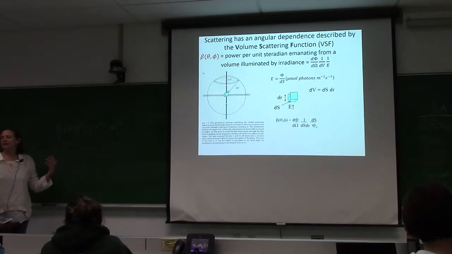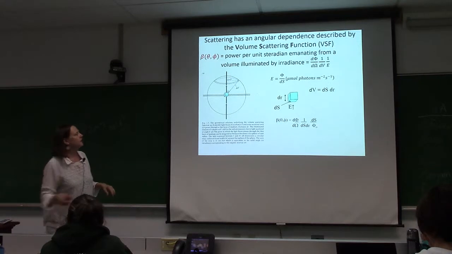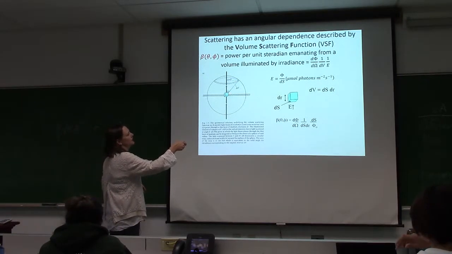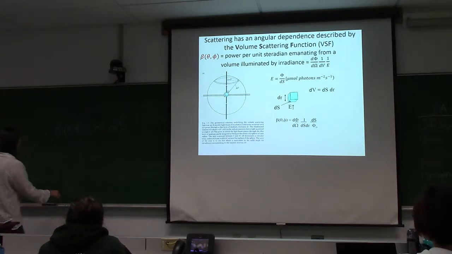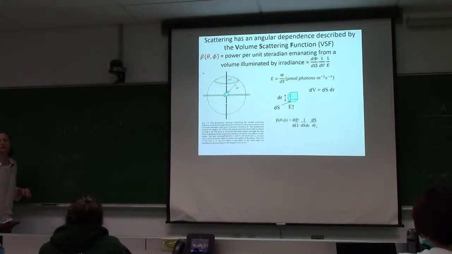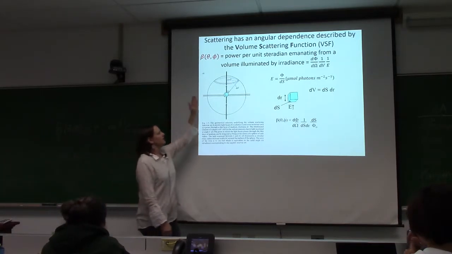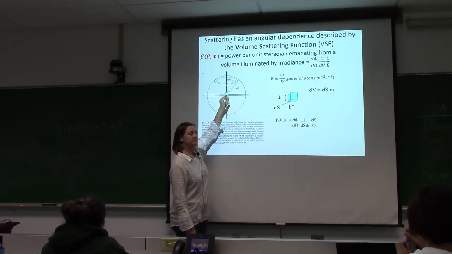Just thinking about units and what this looks like, we're measuring at a single angle here of a whole sphere. How do you think that's going to relate to the scattering coefficient? You're going to have to integrate it for all theta and all phi, right?